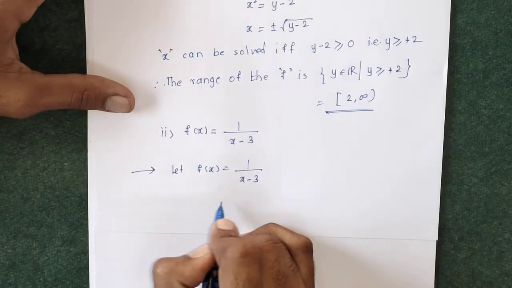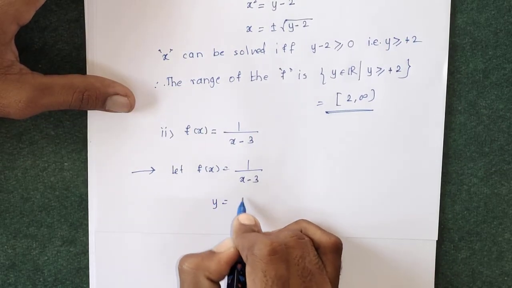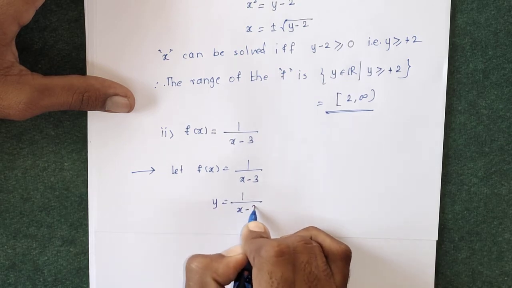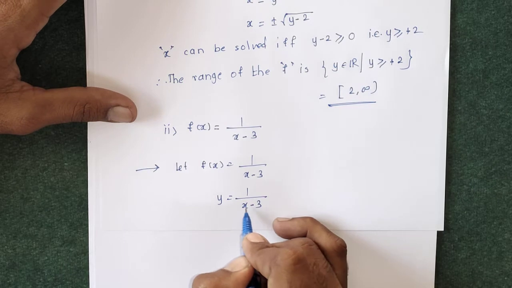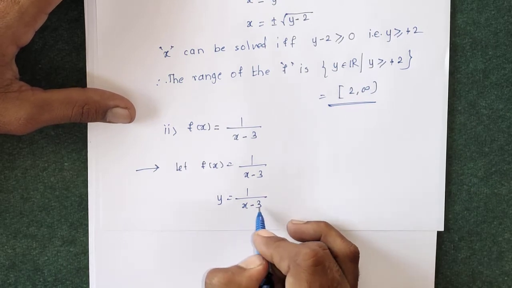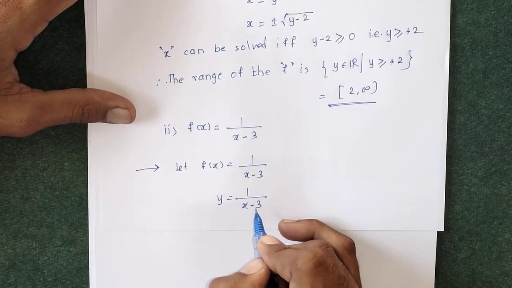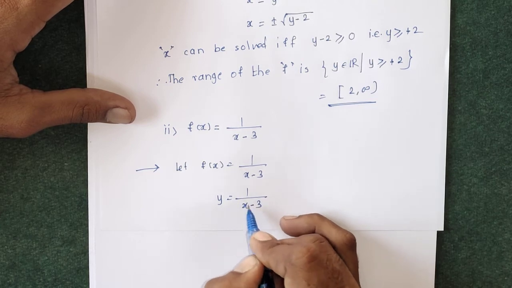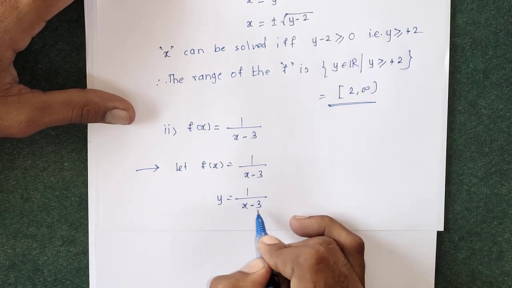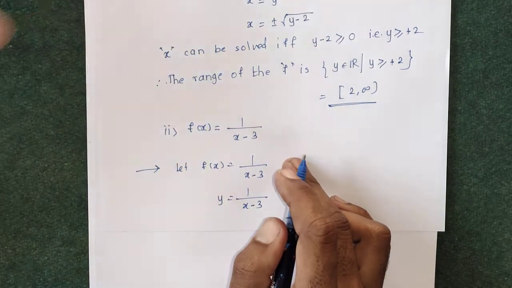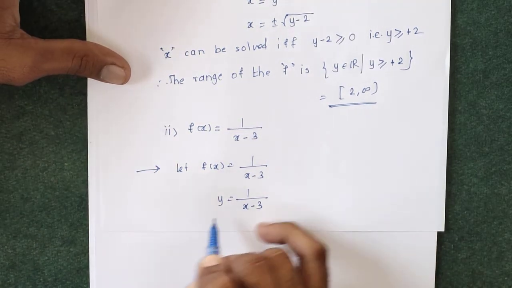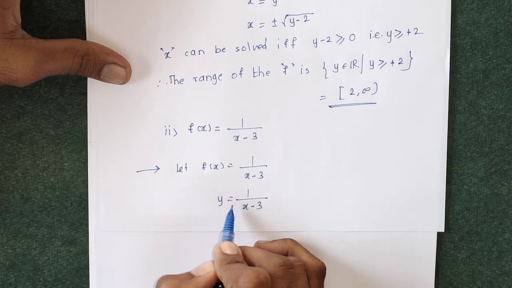We put y equals f of x, so y equals 1 upon x minus 3. Now we have to solve this equation for x. So, we can rearrange this by taking the reciprocal, then we get 1 upon y is equal to x minus 3.